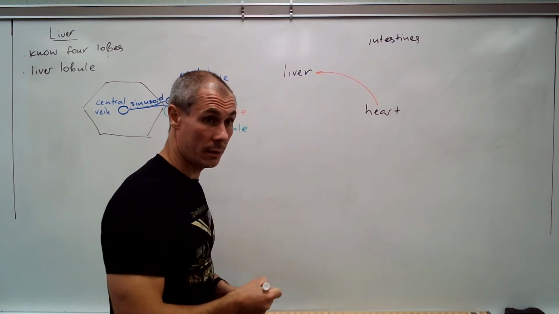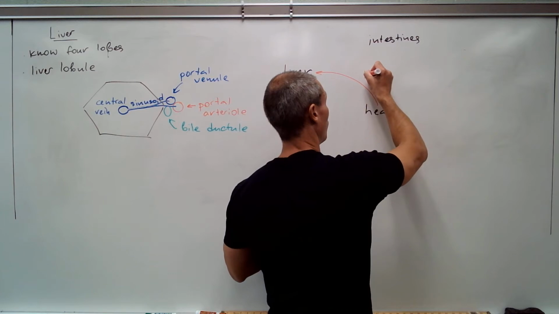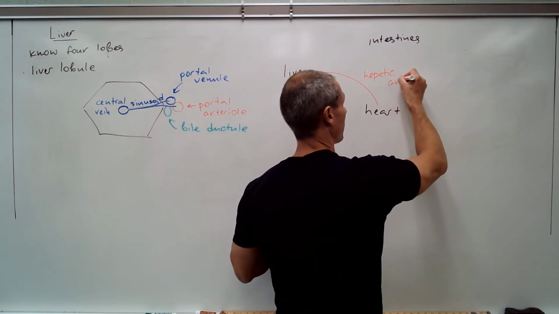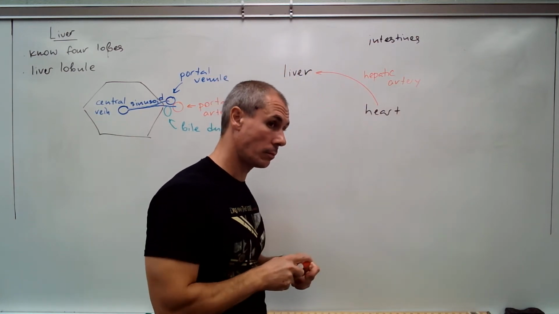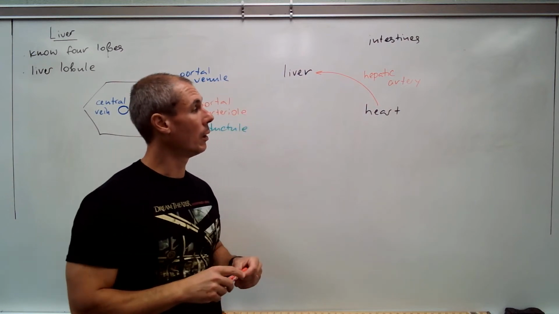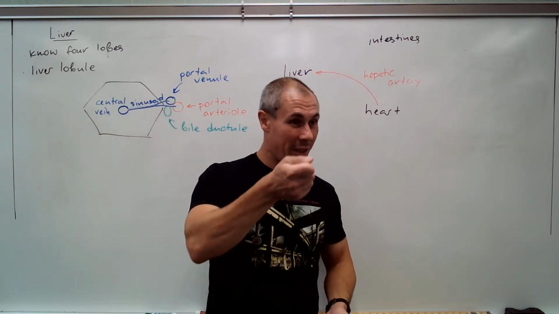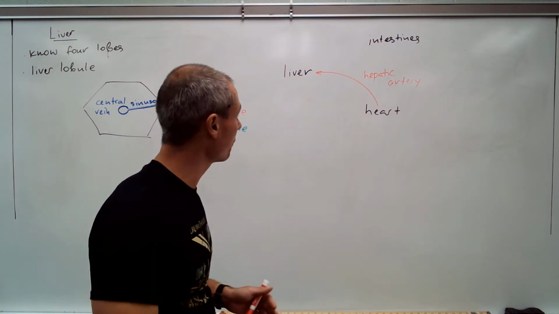So, heart will deliver oxygen-rich blood through the hepatic artery. Does that make sense? Of course, it's not a direct blood vessel that goes from the heart to the liver. It's a bit more complicated, but you get the gist, the idea.